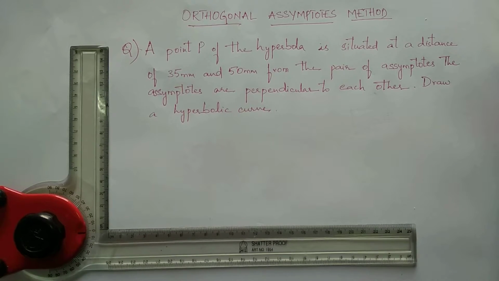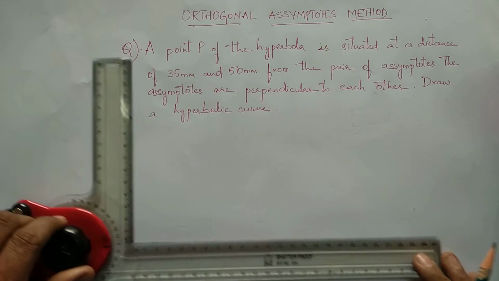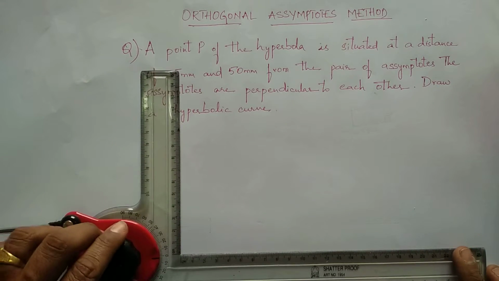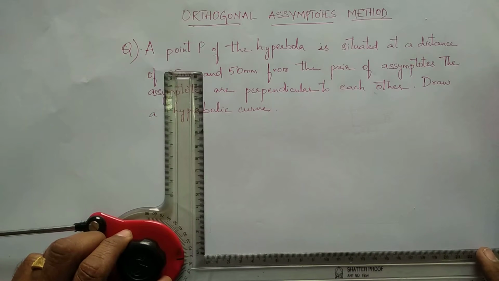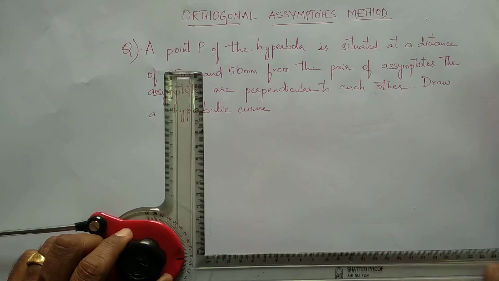It is mentioned that a point P of the hyperbola is situated at a distance of 35 mm and 50 mm from the pair of asymptotes. The asymptotes are perpendicular to each other. Draw a hyperbolic curve. Based on that, we are going to construct the hyperbolic curve using the orthogonal asymptotes method.